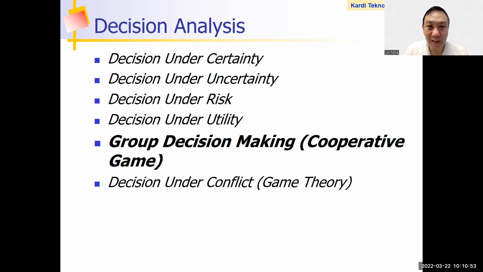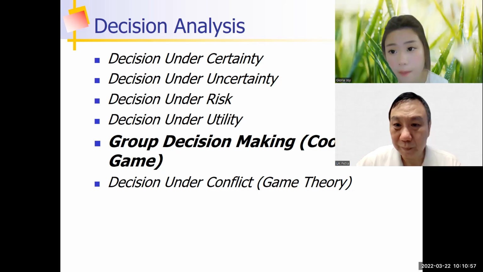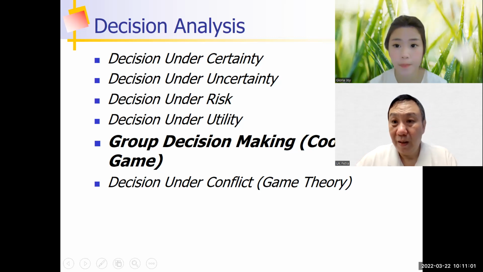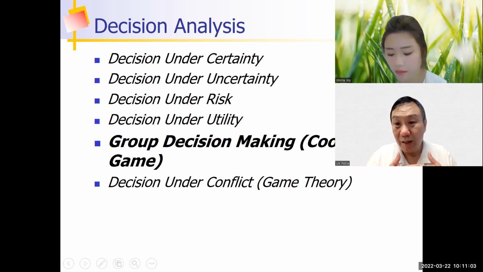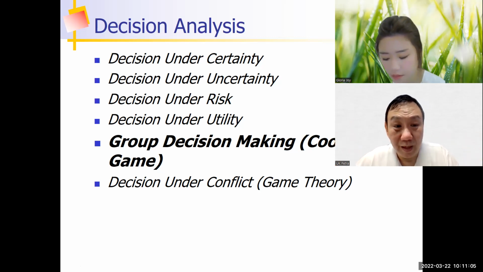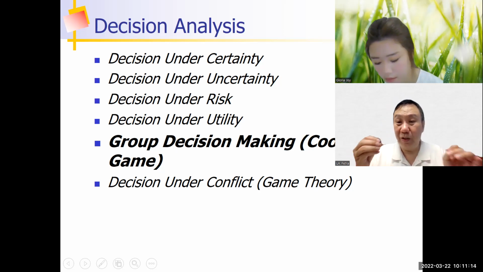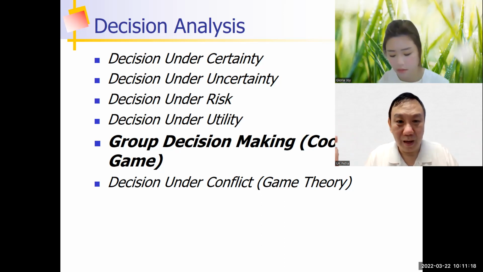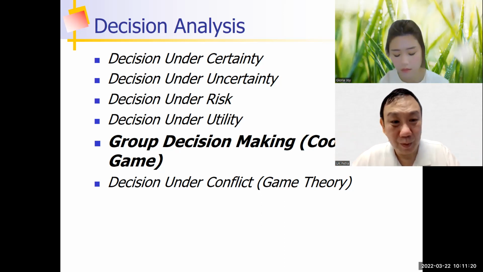Decision under uncertainty, under risk, under utility is all between you and nature. Now, when we start to do game theory, starting today with this group decision making, it is not just you, but you with your other teammates.